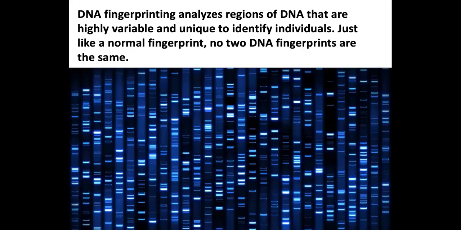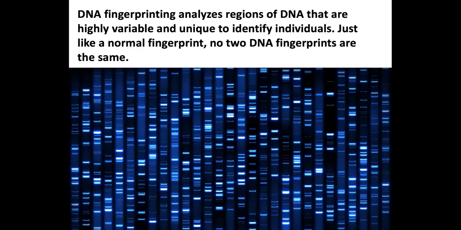So now comes the biggie. Gel electrophoresis, where we're going to talk about DNA fingerprinting. DNA fingerprinting analyzes regions of DNA that are highly variable and unique to each individual.